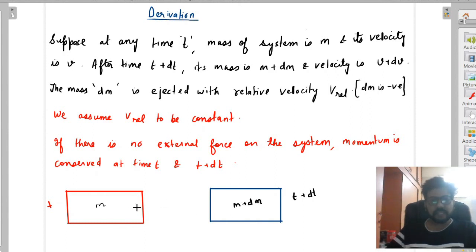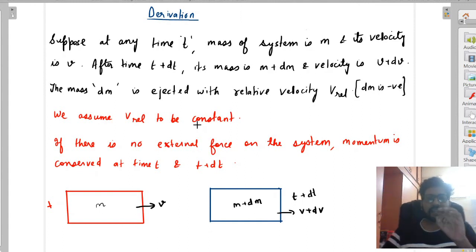Suppose the velocity is v at time t, and the velocity becomes v plus dv at time t plus dt. Now for derivation, what we have done is we have assumed that the mass is ejecting. You can find also for if mass is added, but every time you will get the same answer.